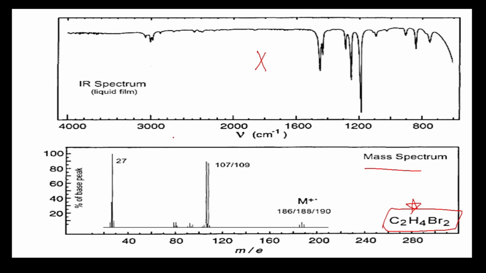So here, first of all you see the mass peak. In the mass peak you are given the 186, 188 and 190 peaks. And here you may see you are given the 107 peak and 109 peak, and these peaks are of almost equal abundance.